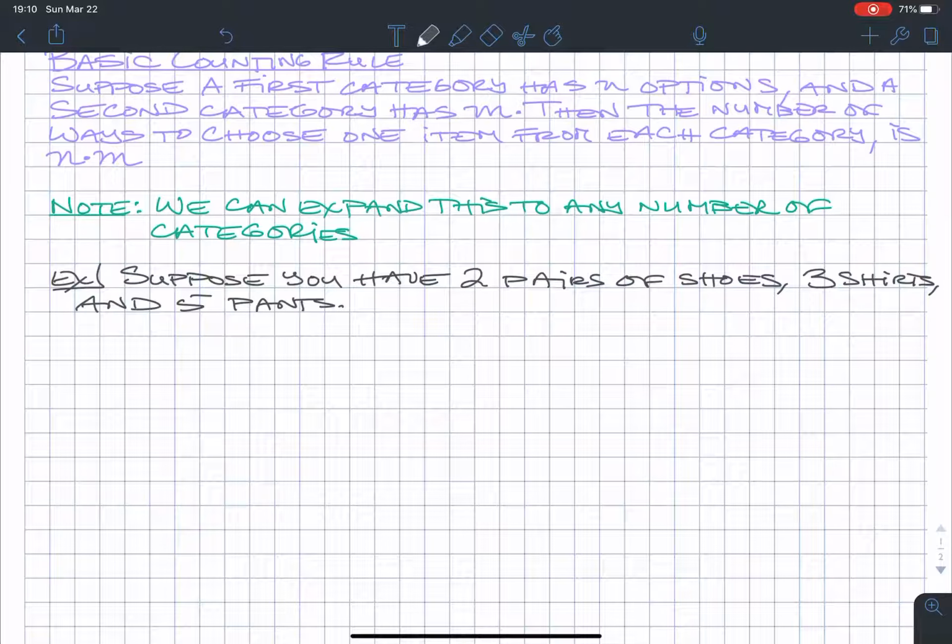So how many different outfits can you put together?